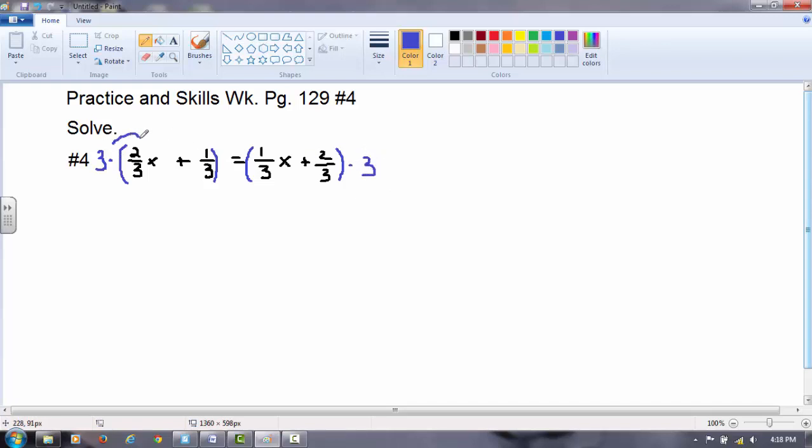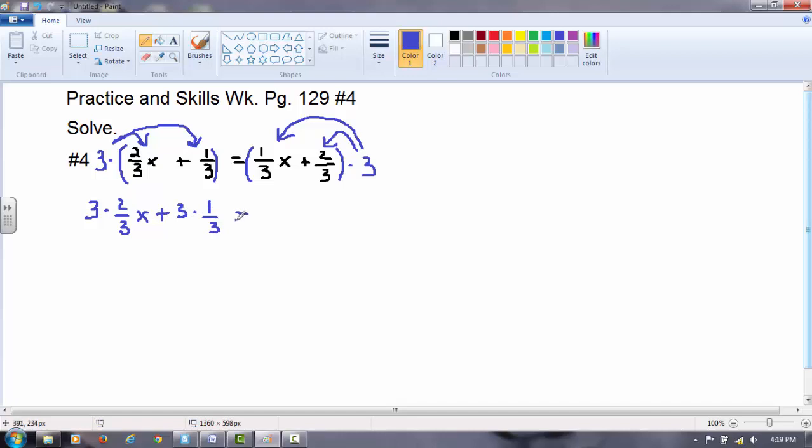Then I'm going to distribute the 3 to each of the terms that I have. I'm going to do the same thing over here on this side, distribute to each of the terms. So over here on the left-hand side we have 3 times 2/3 x plus 3 times 1/3.